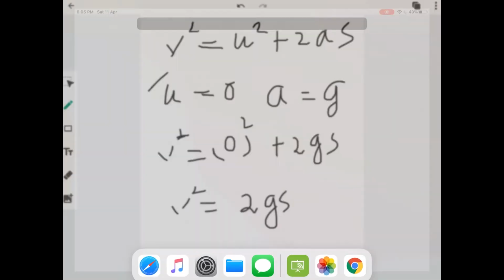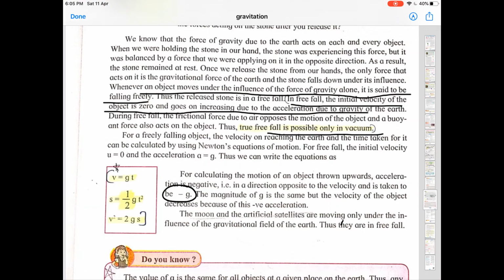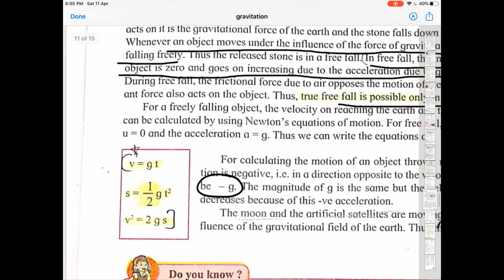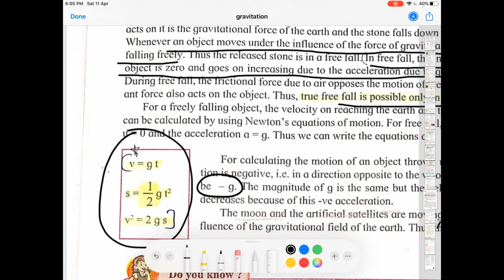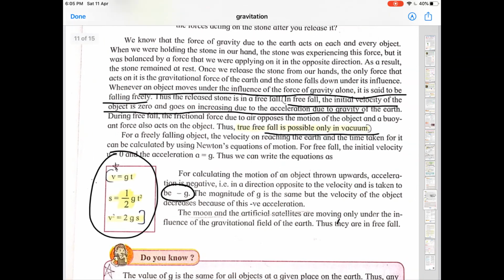So coming back to our book, it is mentioned very clearly that the three equations of motion are v = gt, s = ½gt², and v² = 2gs. Now a very important point which you have to know is that, as you can see, I have circled it as minus g.